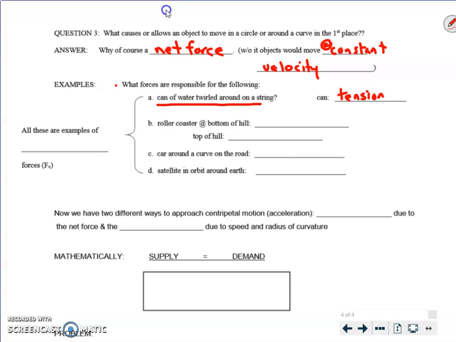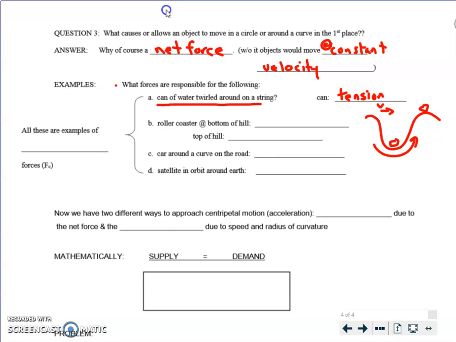Next one, roller coasters. So imagine we have a roller coaster that goes like this, and we can be at the bottom of the hill, or we can be at the top of the next hill as we're moving in a general direction this way. So what is the force that allows you to make this turn? Well, we would just do a simple force diagram. This is nothing new.